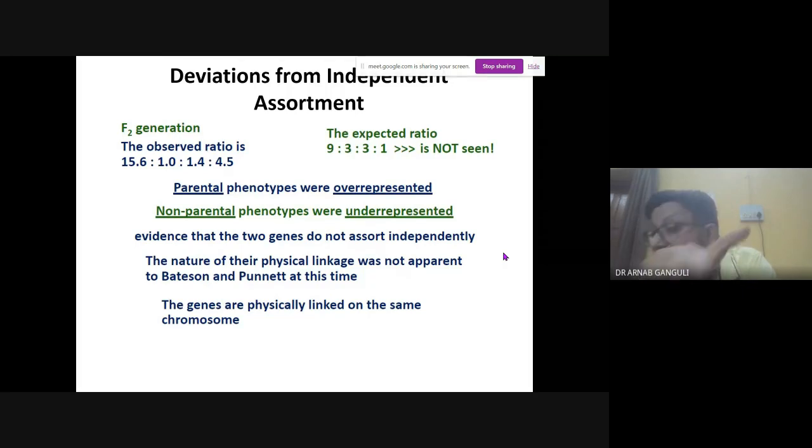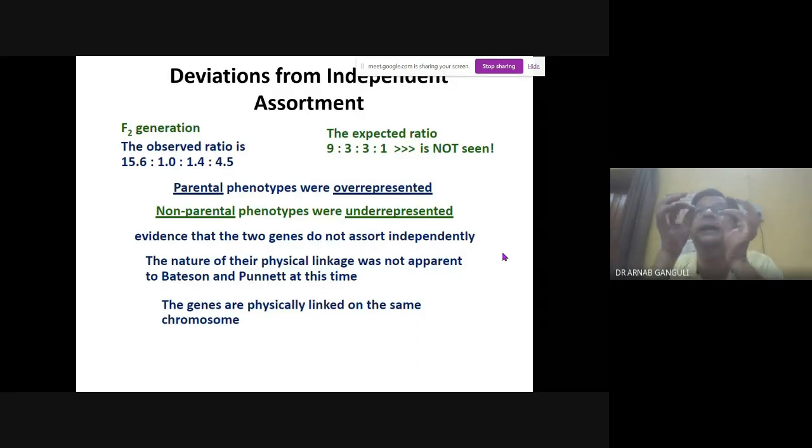When Mendel did his crosses, the seed color and the seed shape were on different chromosomes, so independent assortment took place. But here they were on the same chromosome, so they are physically linked. Therefore, that independent assortment ratio was not seen.